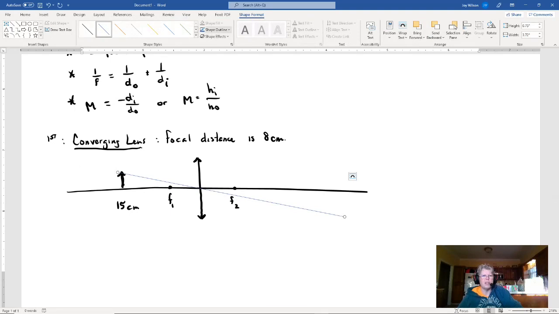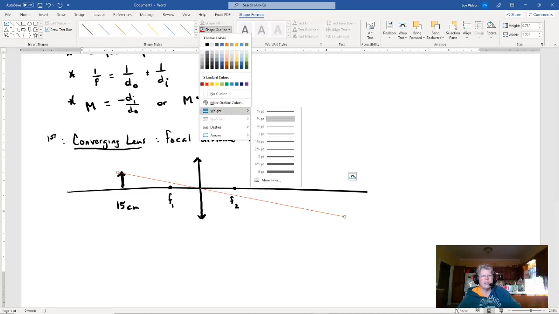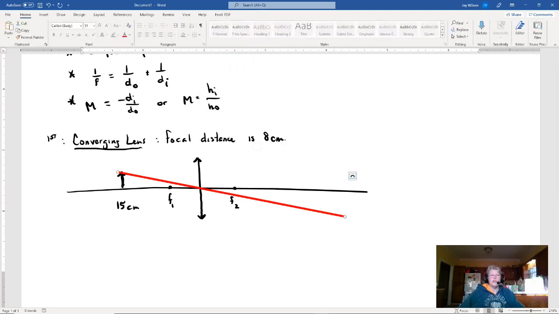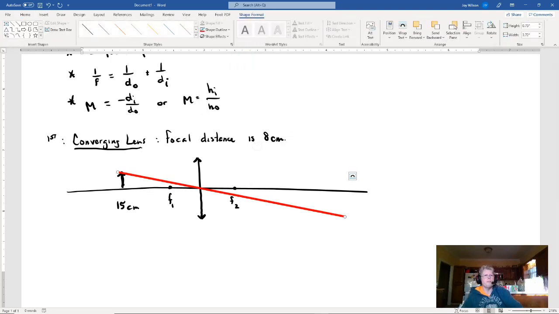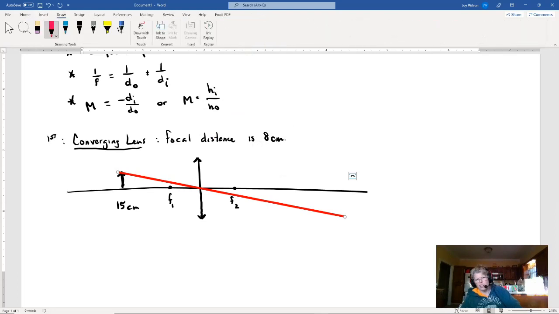I'll make it red and heavy. So there's one of our rays. That's the central ray. I'll do all my central rays in red. You'll notice it goes straight through the middle and it doesn't get changed. It doesn't deflect, it doesn't bend, it doesn't do anything.